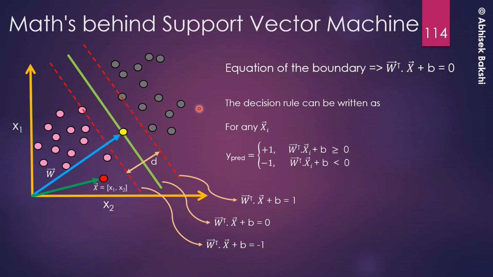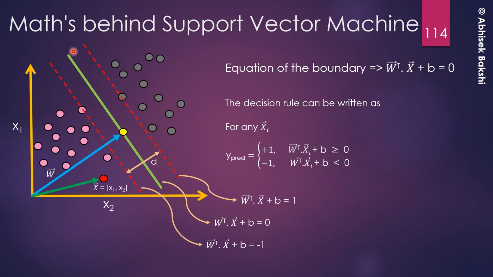So you see, we definitely have an equation of the decision boundary, that is represented in green, and also we have two support vectors on which another two boundaries are given, presented in red dots.